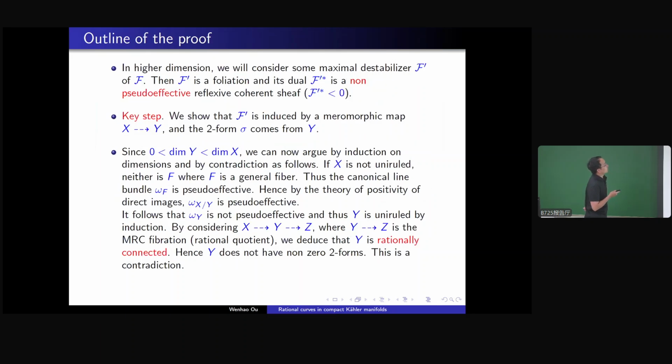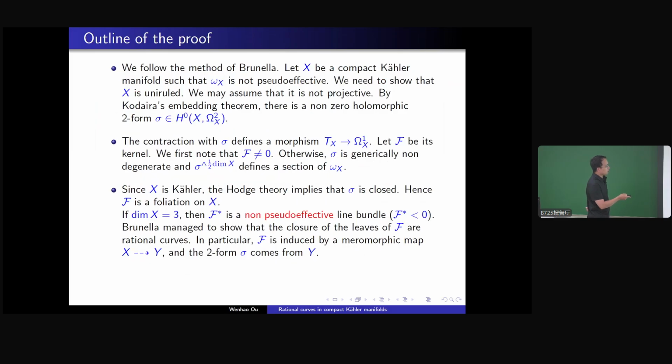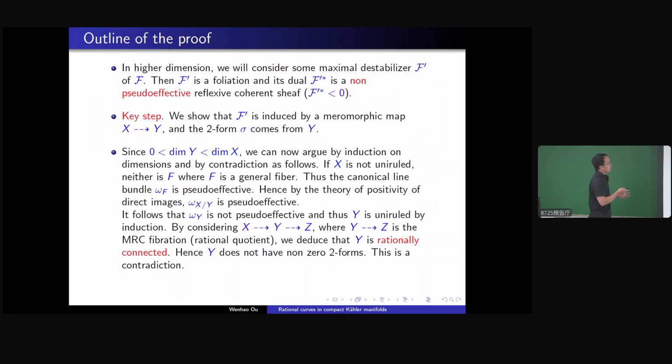In higher dimension, we want to prove something similar, but it's more involved, because Brunella's case is a foliation of rank 1. At that time, Brunella's method did not extend to higher dimension. In higher dimension, we first consider the so-called maximal destabilizer F prime of F. We obtain this F prime, which is a foliation, and it is non-pseudo-effective as a coherent sheaf of higher rank. We can still write F prime star negative.